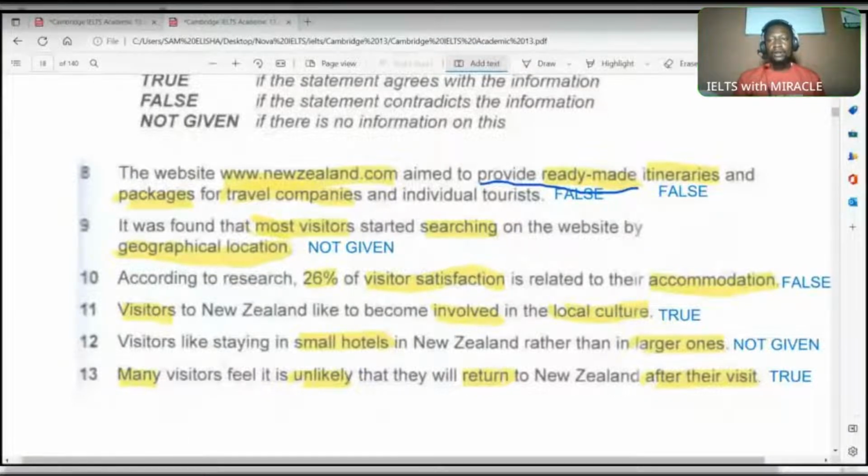Some other time, you would notice that there is a qualifier in the statement, like most, only, solely, many, few, some. But you now go to the passage, and every other keyword will be found, but that qualifier will not be there in the passage. Then you know that it is what? Not given. Then the best answer will be what? Not given.